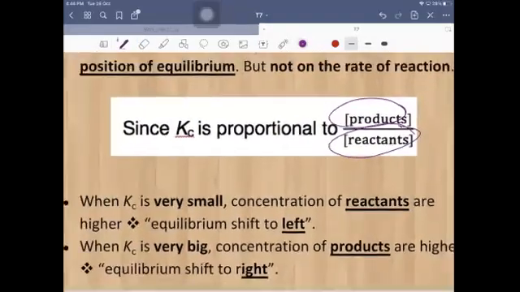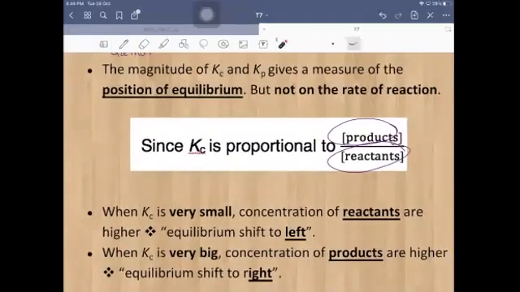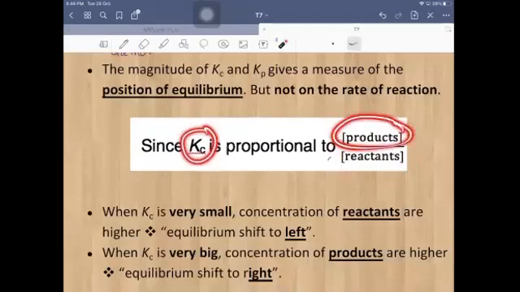If our Kc is small, my denominator has to be big, so my reactant must be big. That means my equilibrium is shifting to the left, towards the reactant side. If my Kc is big, my products are bigger than my reactants. My equilibrium is shifted to the side of the product, favoring the forward reaction, or shifted to the right.